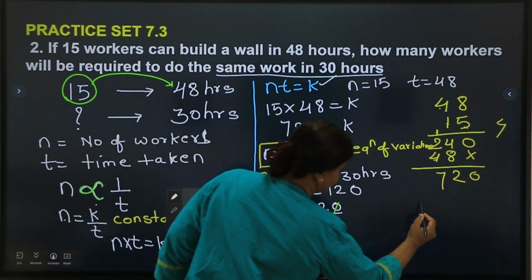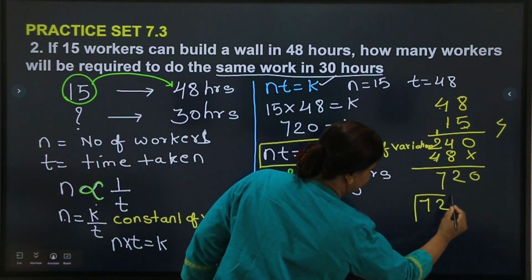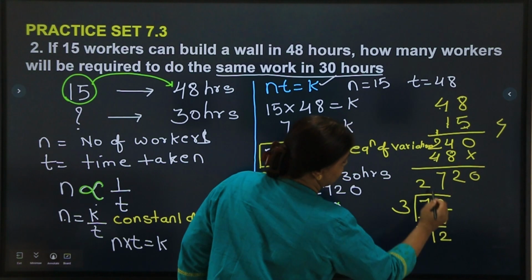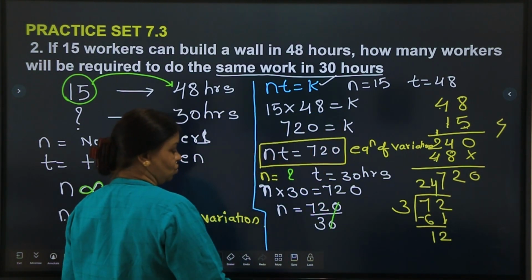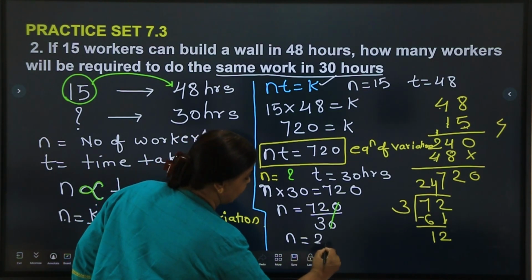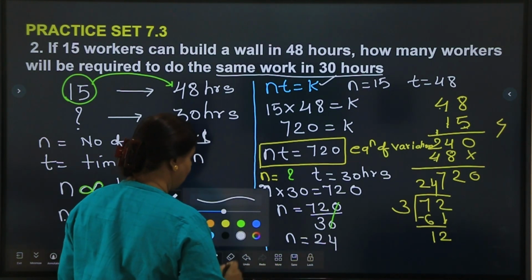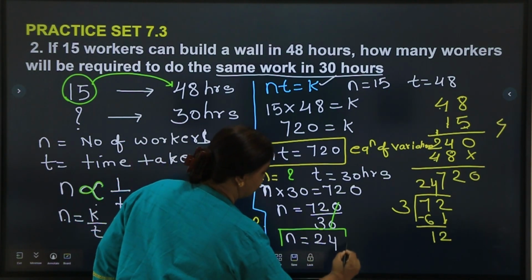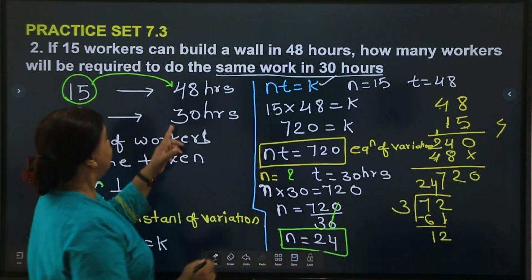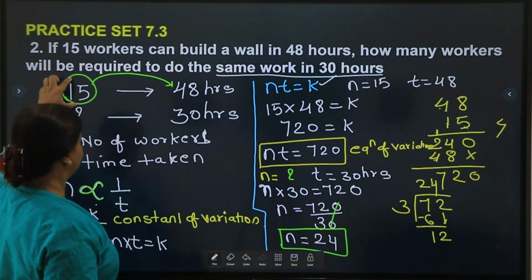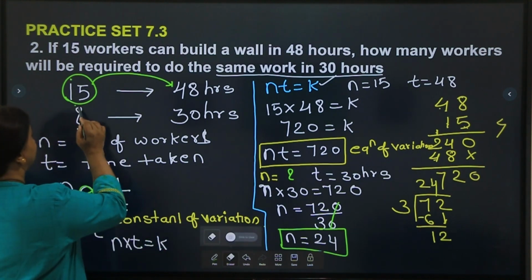Let us divide it here. 72 divided by 3. 3 2s are 6. 7 minus 6 is 1. 2 will come down. 3 4s are 12. So N is equal to 24. So the number of workers required to complete the task in 30 hours is 24. First it was 15 and now it is 24.